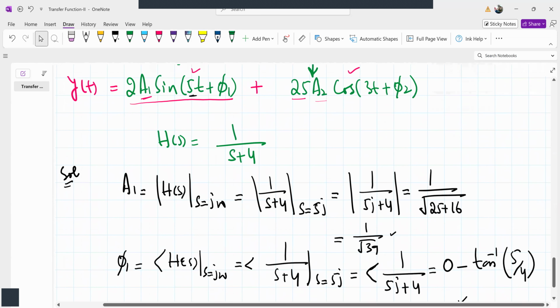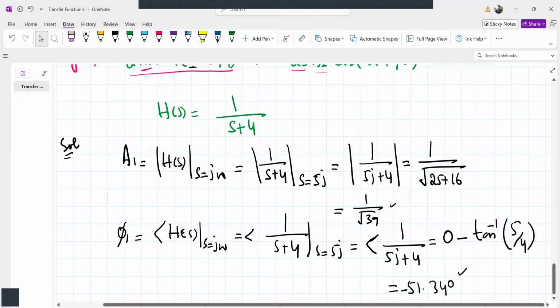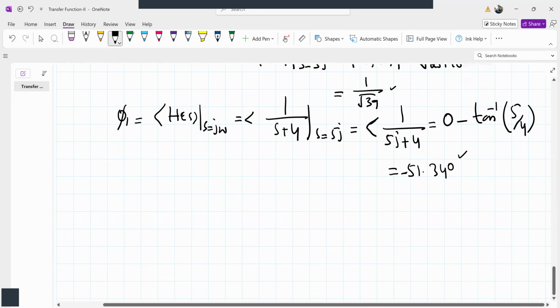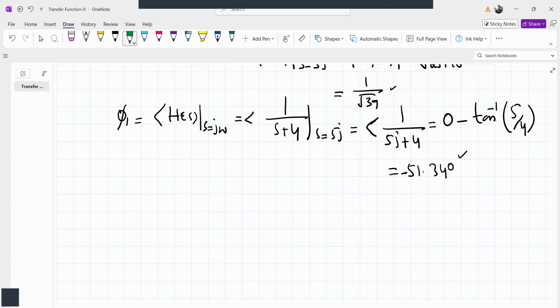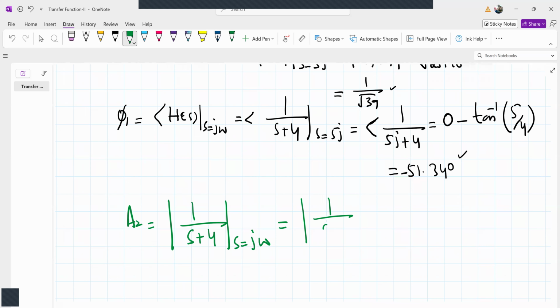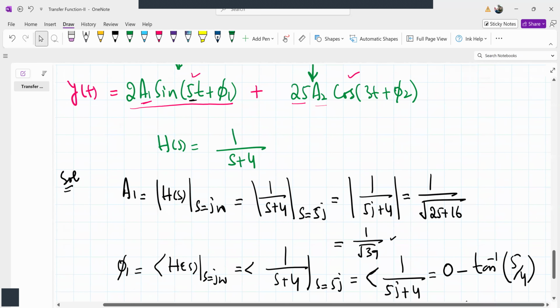Similarly, we have to find A2 and phi 2. A2 is the magnitude of the transfer function 1 divided by s plus 4 when s is j omega. Now remember, what is the omega for this case? Omega here is 3.